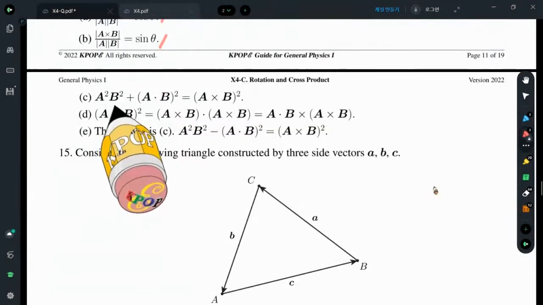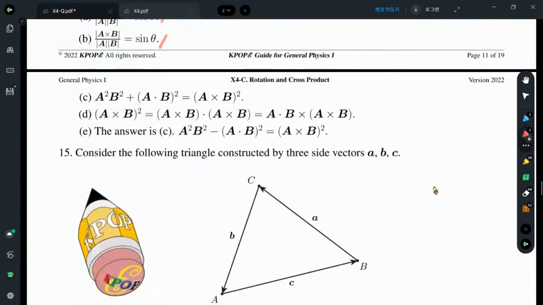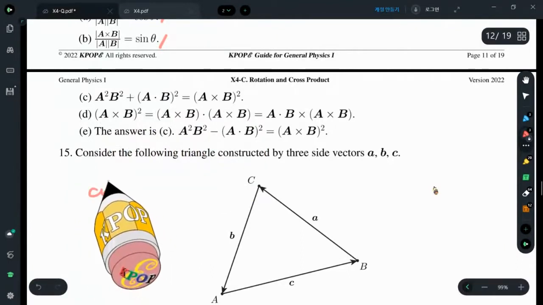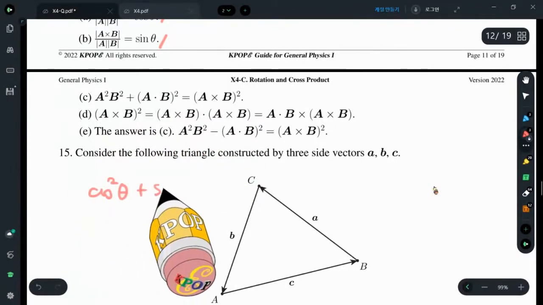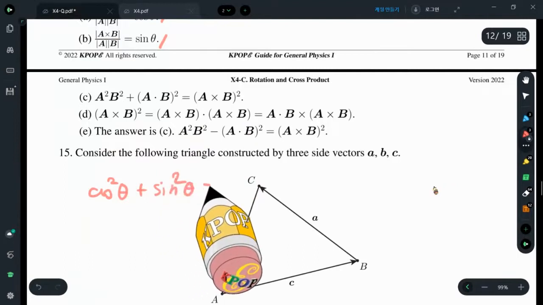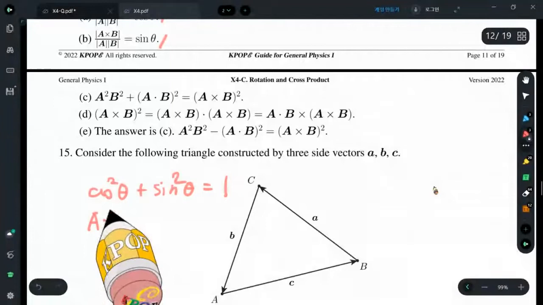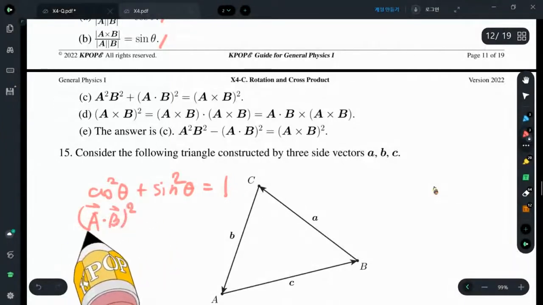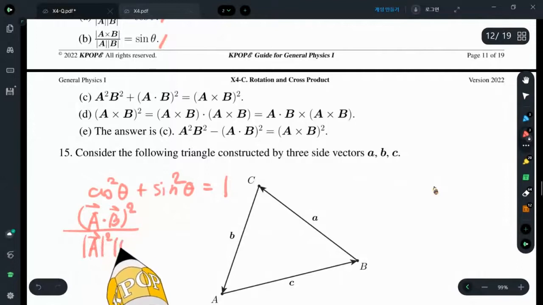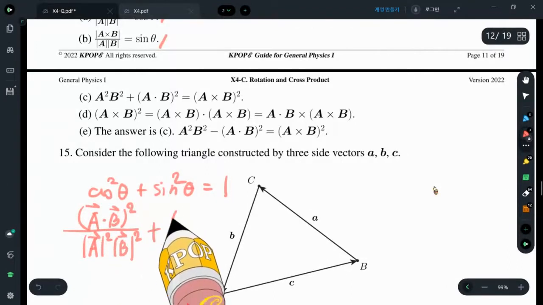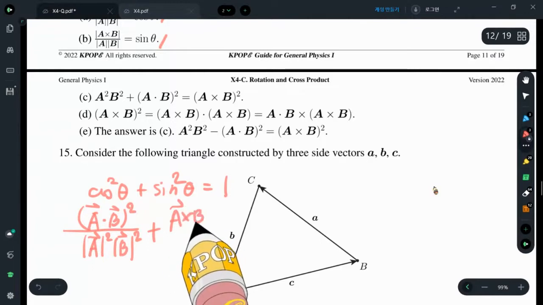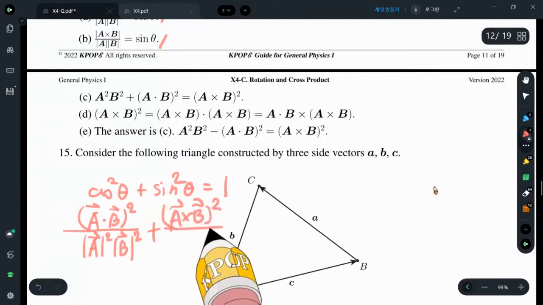Let's see. It's wrong. We have cosine square theta plus sine square theta equals 1. That is A dot B squared plus A cross B squared.